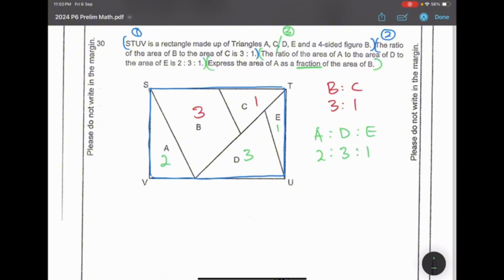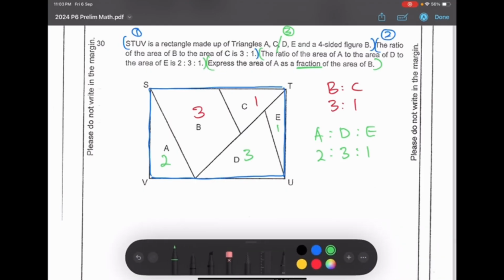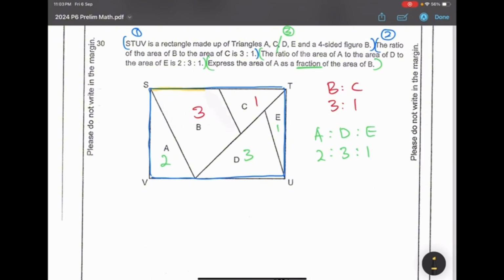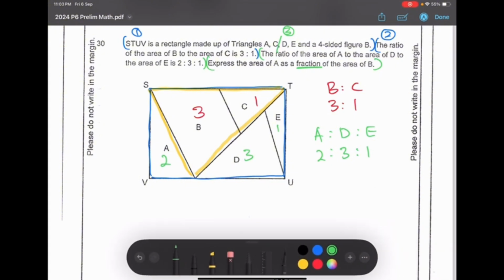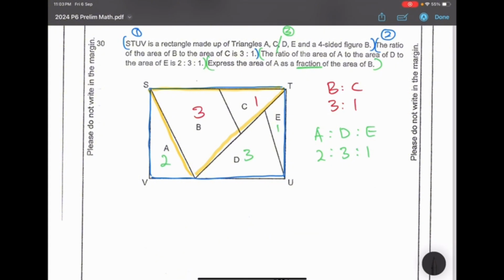Now, looking at the figure, I can see that the triangle that consists of B and C, the one that I'm highlighting over here, is half the area of the rectangle. Because if this is the base of the triangle, this is the height.